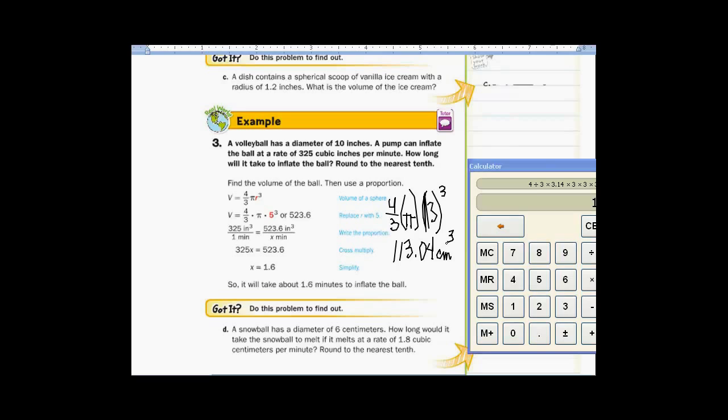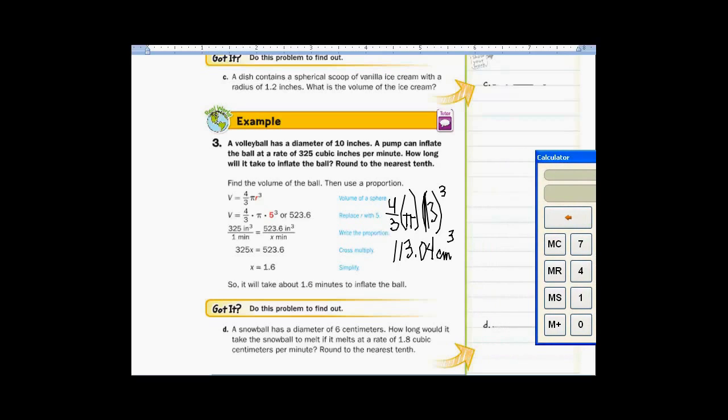How long would it take the snowball to melt if it melts at a rate of 1.8 cubic centimeters per minute? So 1.8 cubic centimeters per minute. You want to know what x is. So we talk about 113.04 times 1, so that's not changing, equals 1.8x.